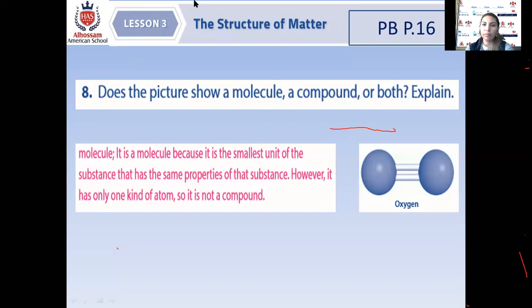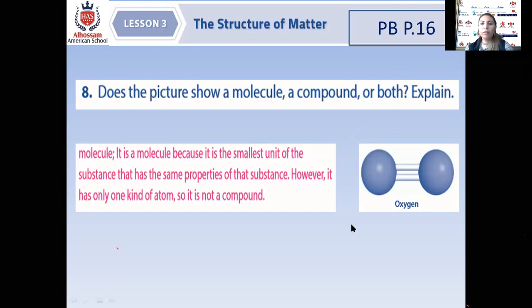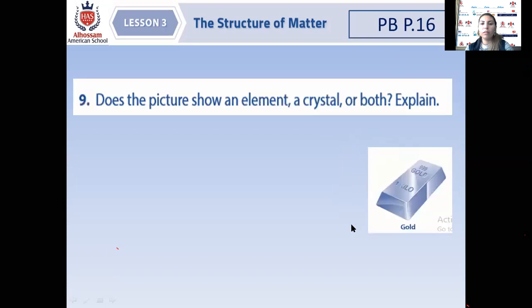Okay, let's continue. Nine. Do the pictures show an element, crystal, or both?